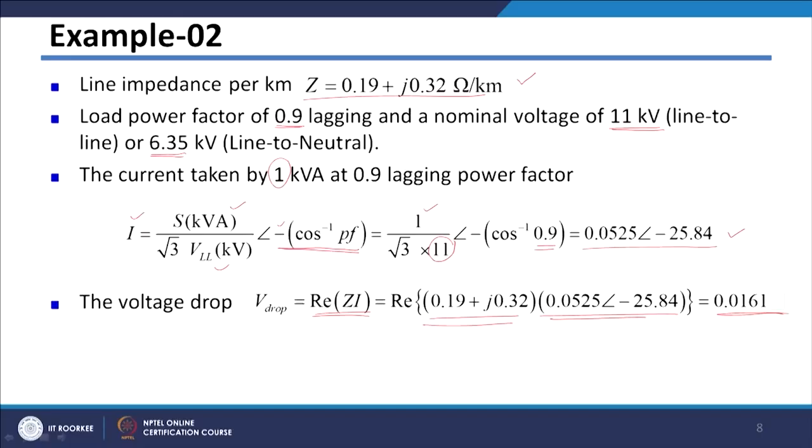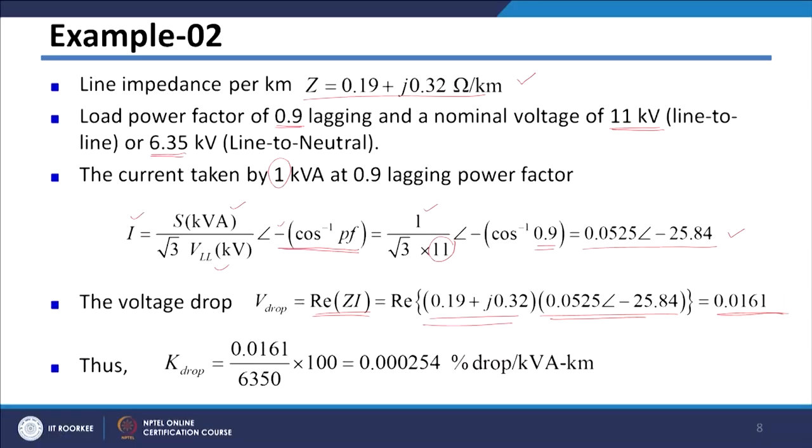For K drop factor, we need percent voltage drop. So, to get the percent voltage drop, we need to divide this 0.0161 by base voltage. The base phase voltage is 6.35 kV, so we can put it here. So, K drop factor in that case will be 0.000254% drop per kVA per kilometer.